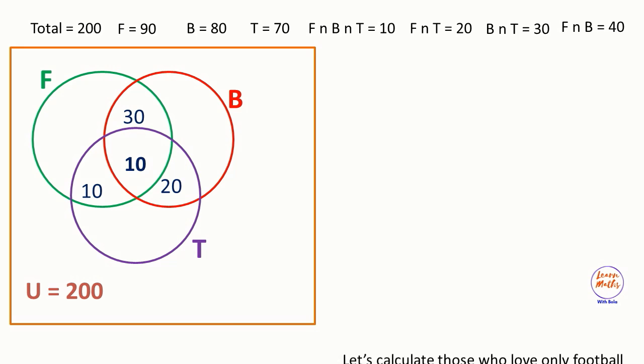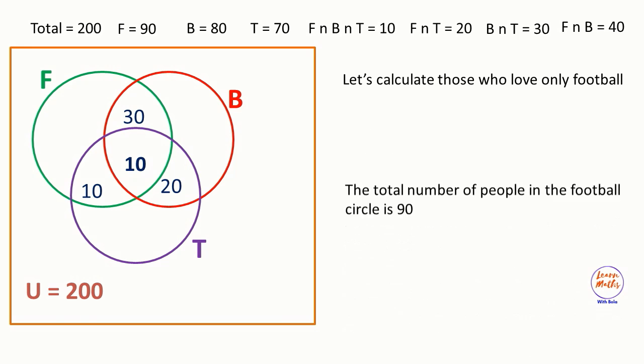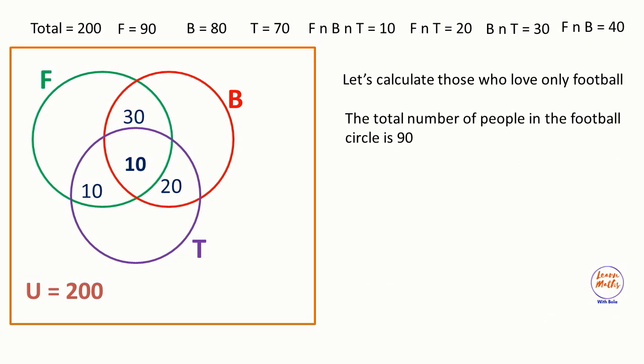So we'll continue. Now let's calculate those who love only football. And from the question, we were told that 90 people love football. So in the 90 that love football, if you look at this circle, we have those who love football and basketball, we have those who love football and tennis, and we have those who love all of the three sports.